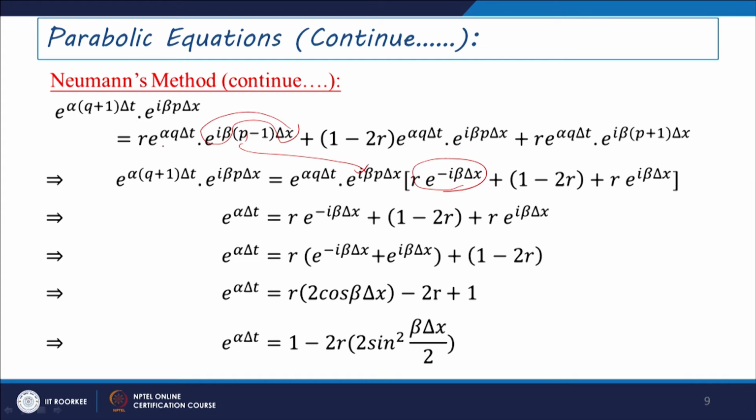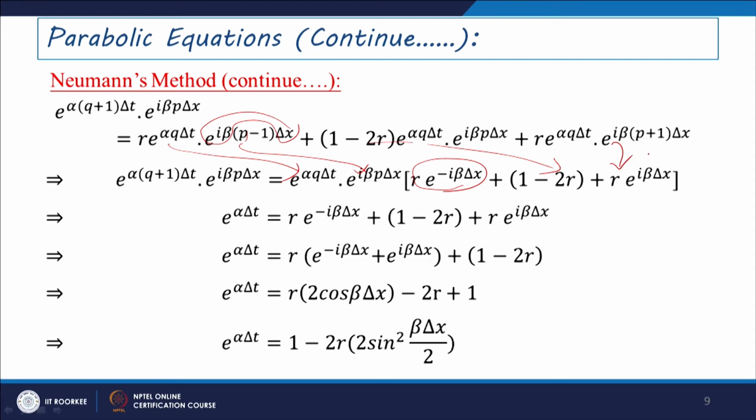And this term we are writing e to the power alpha q del t here. So, that is why inside this bracket it is going like r e to the power minus i beta delta x here. And similarly, if you write this middle term, that coefficient will come as 1 minus 2r, and the last term's coefficient will come as r e to the power i beta delta x here.